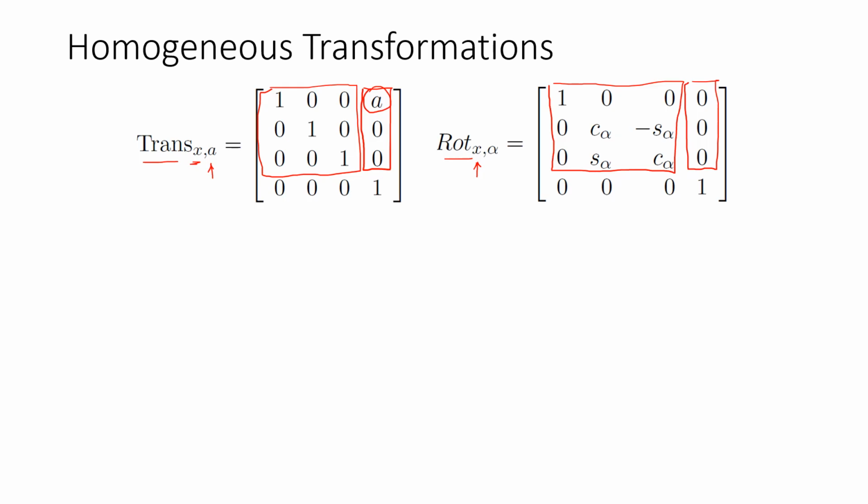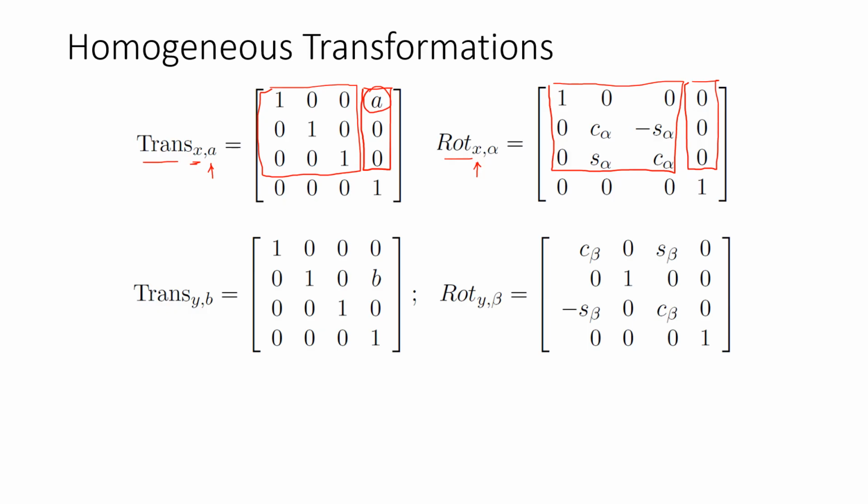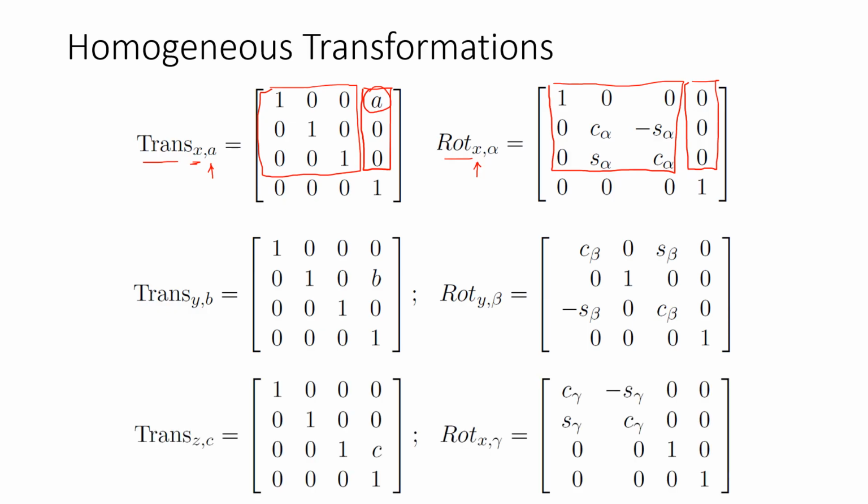And similarly, you can have a basic transformation for the y-axis as well, which are over here, as well as for the z-axis. So these are the 6 basic transformations generally used for robotic manipulators, and we will see those later on in case of your forward kinematics as well.